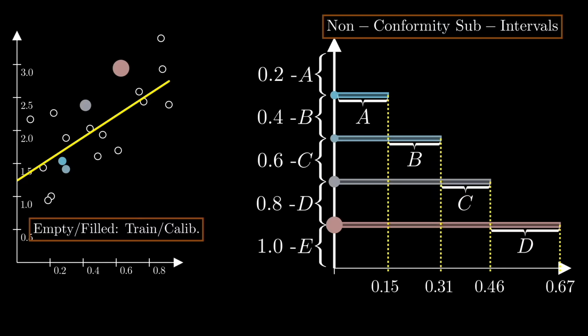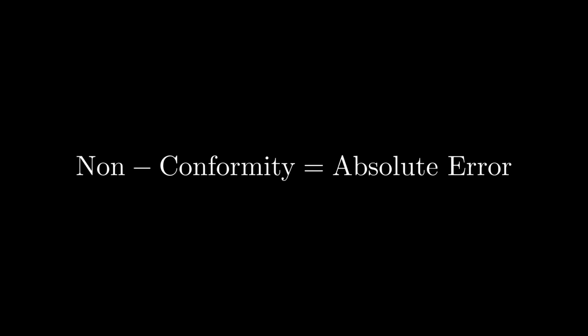Similarly, ranking subinterval E corresponds to non-conformities greater than 0.67. Recall that our non-conformities, that is, the values on the horizontal axis of the ladder, are a function of absolute errors. For simplicity, let's assume they are equal to those errors.